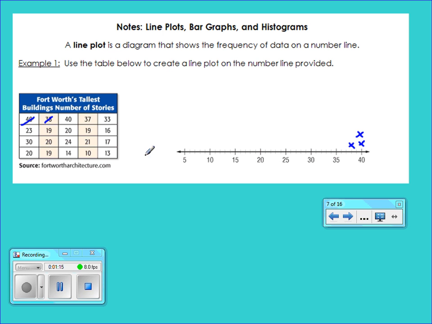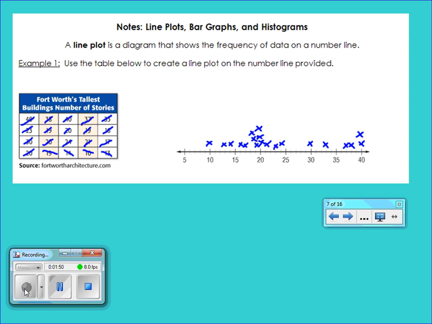So you're going to go ahead and graph out and put an X for each of the data points in this set on your number line, and stack those X's up if they double up. Give you a second to do that.